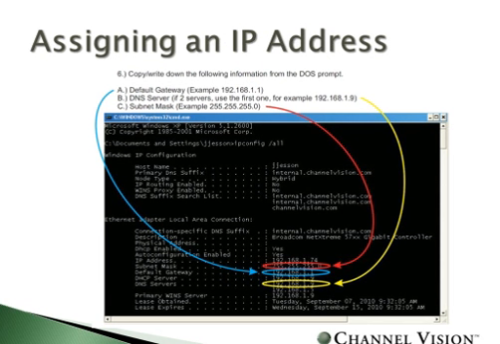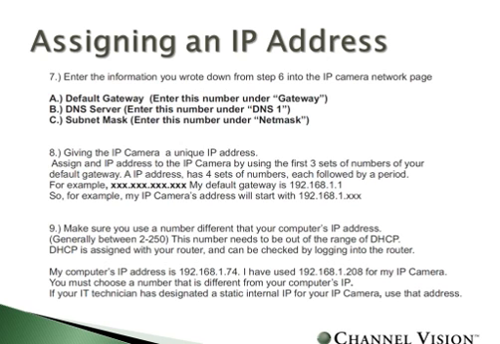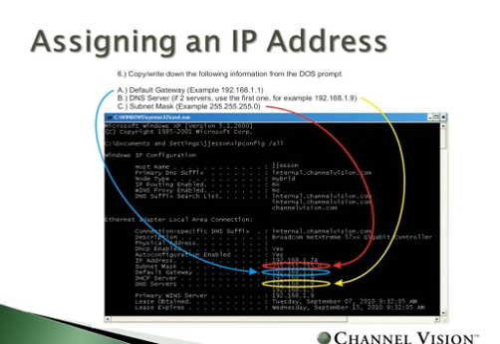Now there are other things on huge systems that they would do, but basically setting up a Channel Vision IP camera is going to be this easy, and we give you the step-by-step instructions on what to do. When you assign that host address, number 9 says make it between 2 through 250, and don't use the same IP address as you have here.